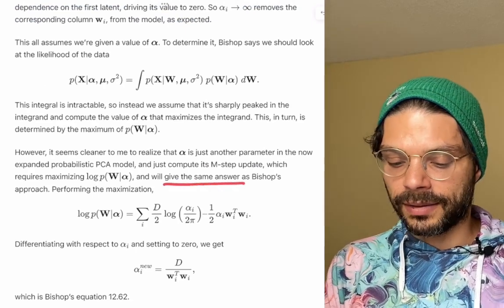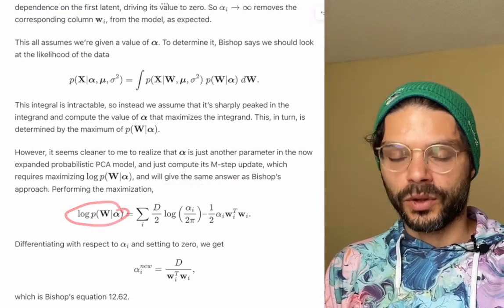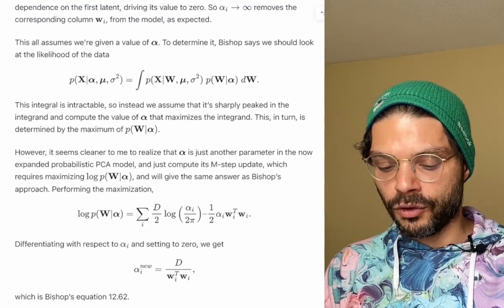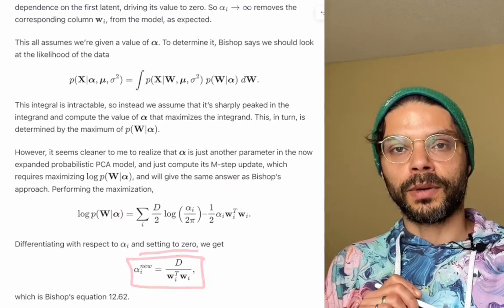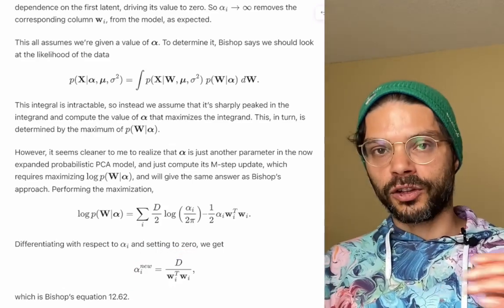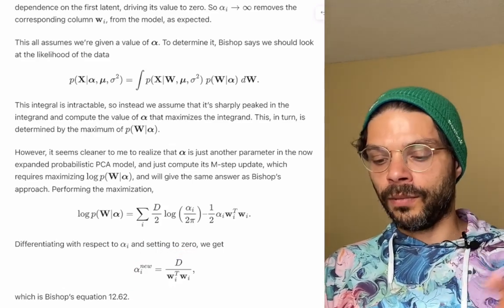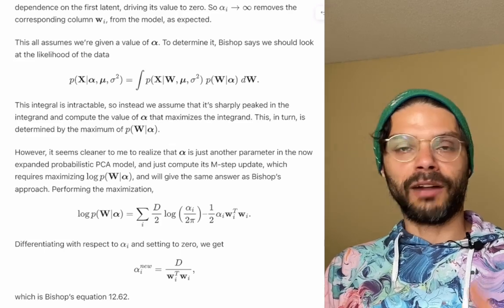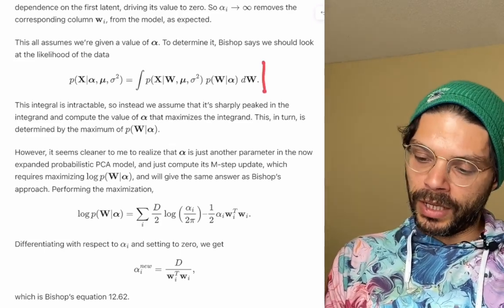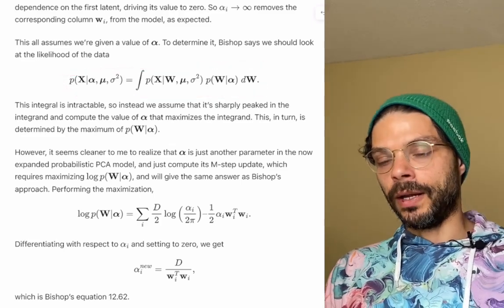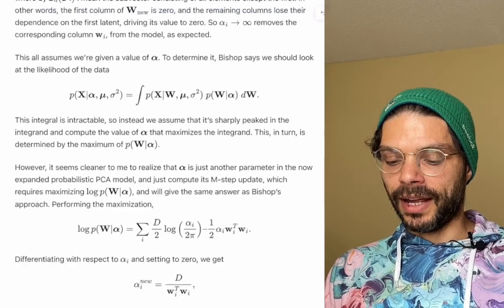We maximize it. Here it is. We just take the logarithms as usual, we differentiate, set to 0, and we get the same formula that he does. So I think we can actually just treat the whole thing within EM. We get the same answer. The alphas are updated just with an M step without having to appeal to the Laplace approximation or any of that.